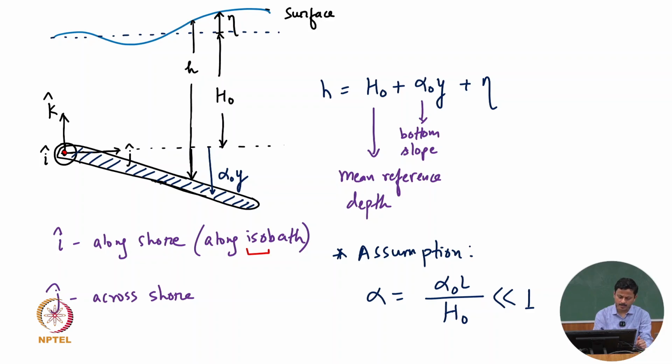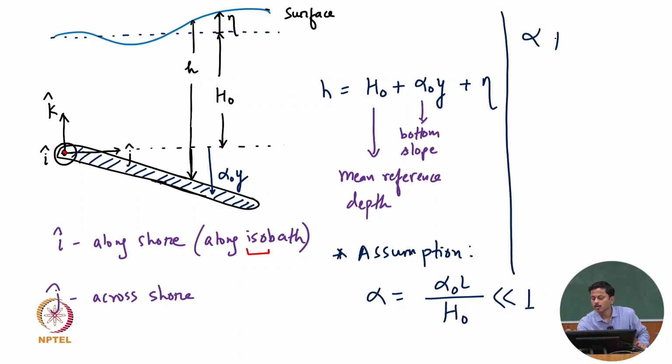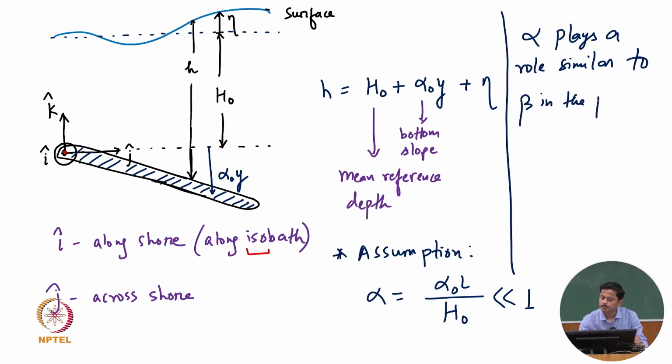So here alpha plays a role similar to the parameter beta in the planetary wave, or the Rossby wave, in the beta plane approximation. Alpha is also called the topographic parameter.